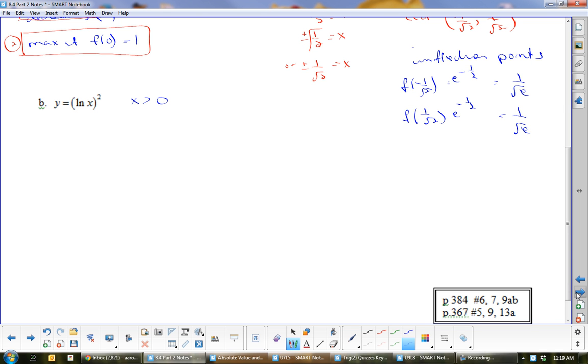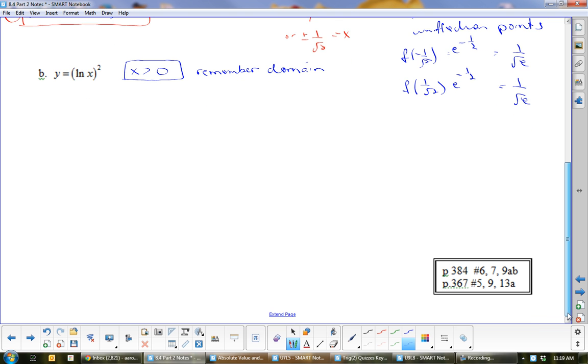So we want to remember this domain, because the domain does not increase as you go through a question. The restriction must stay there, and it actually helps you. If you were going to do your number lines, you would find that you're getting undefined there all the time. So you wouldn't be totally lost.